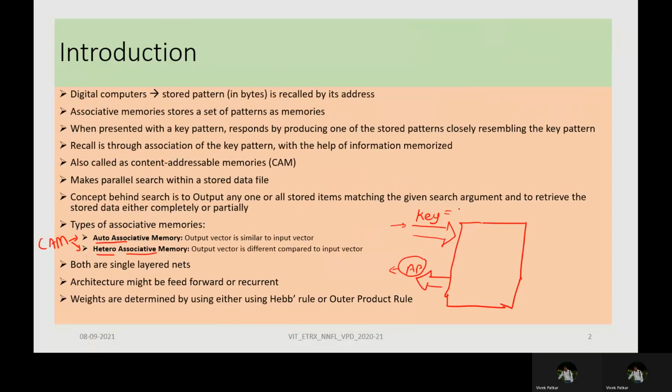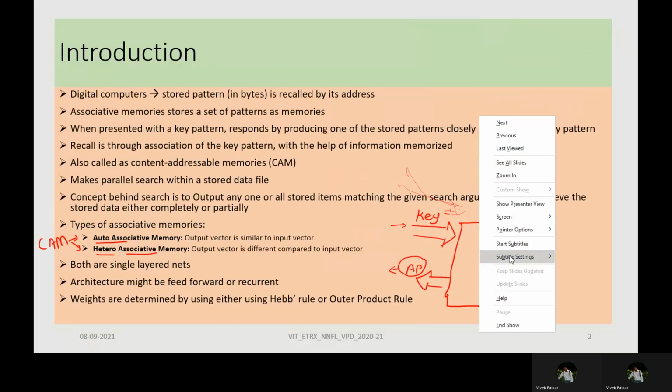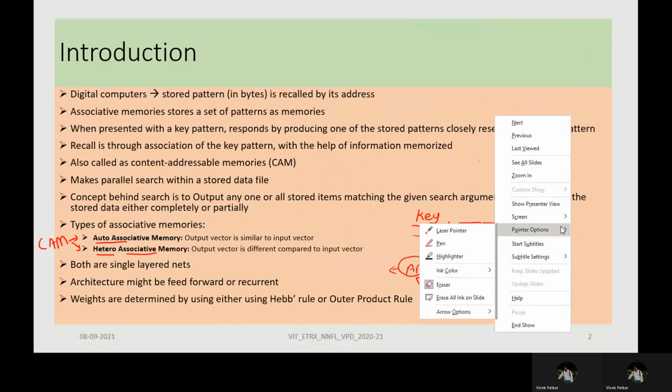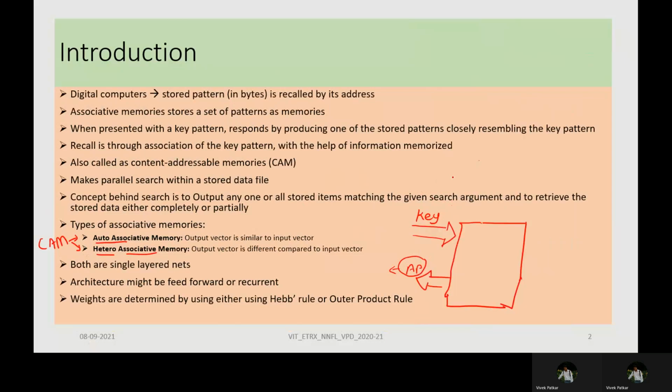Assume I am giving a fingerprint as the key pattern, and in return I get the identity of the person.